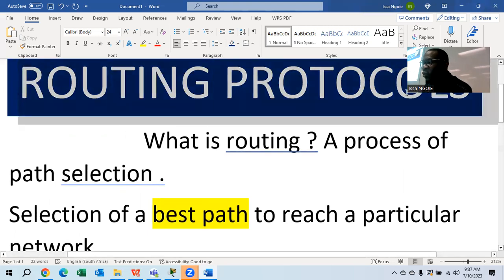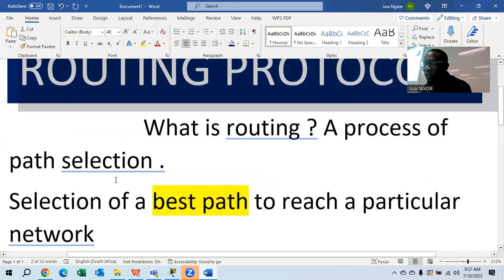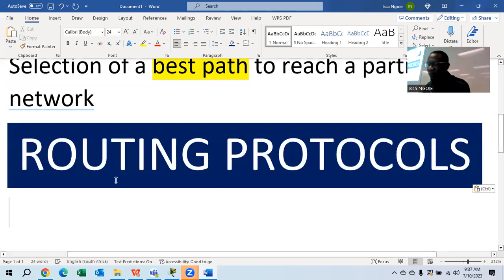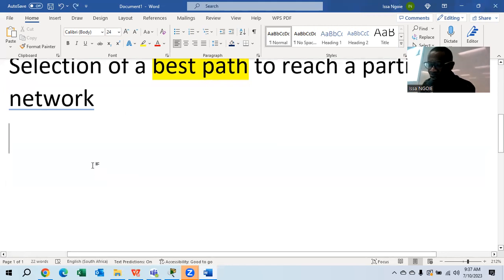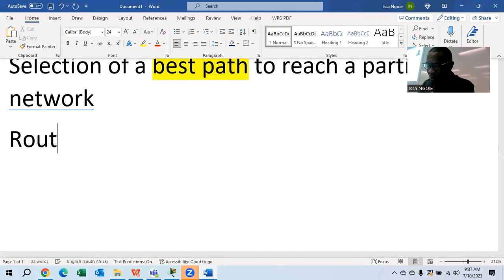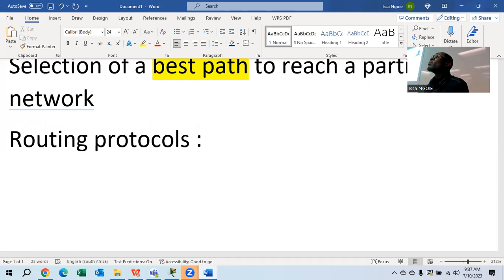Now, when we are talking about routing protocols, they are what? They are like computer programs, right? They are computer programs or algorithms.